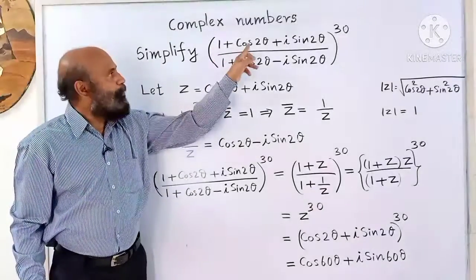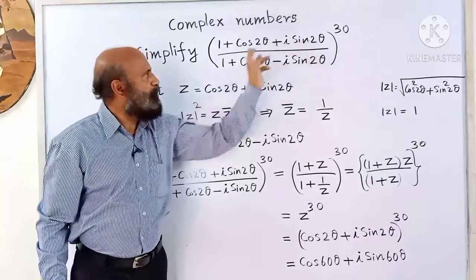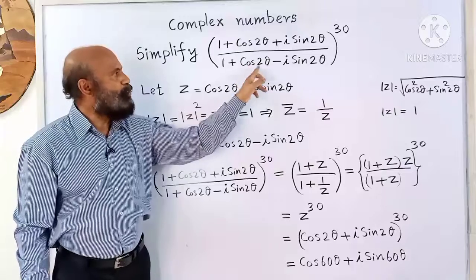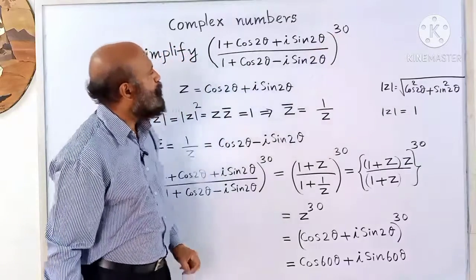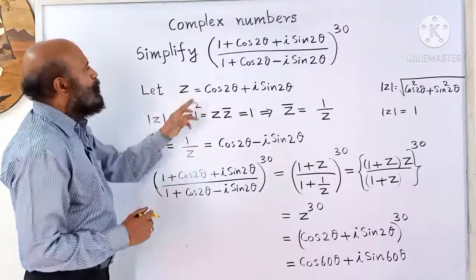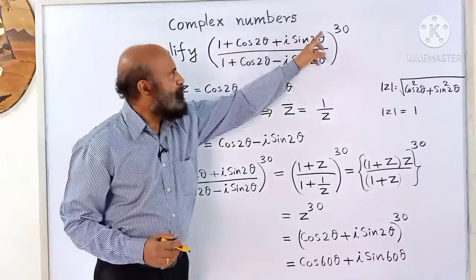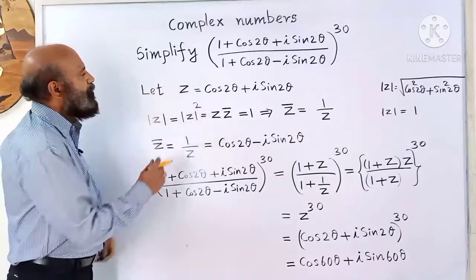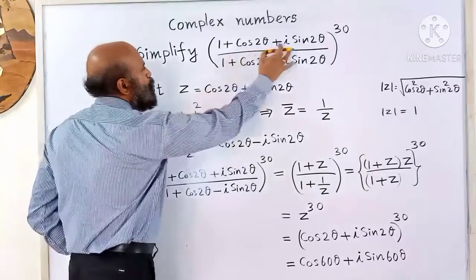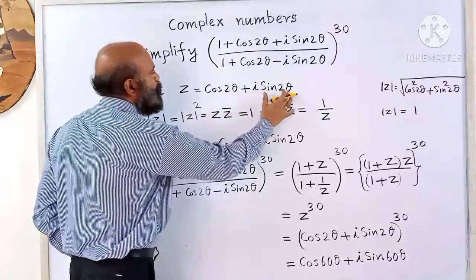Simplify (1 plus cos 2 theta plus i sin 2 theta) divided by (1 plus cos 2 theta minus i sin 2 theta), all raised to 30. For this, let us take z equal to cos 2 theta plus i sin 2 theta.